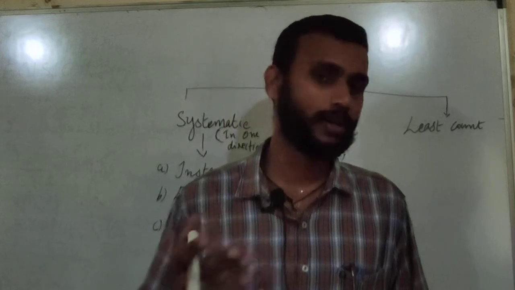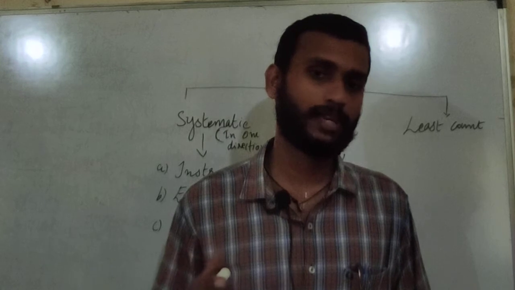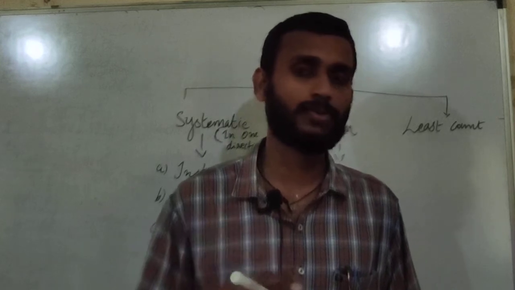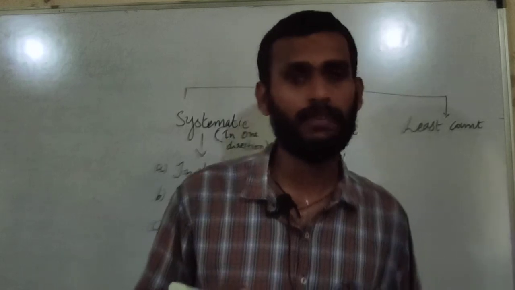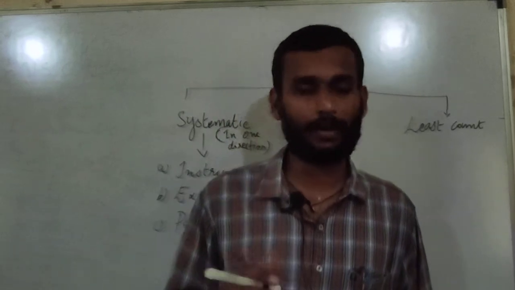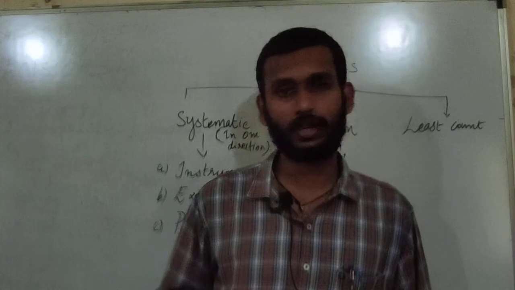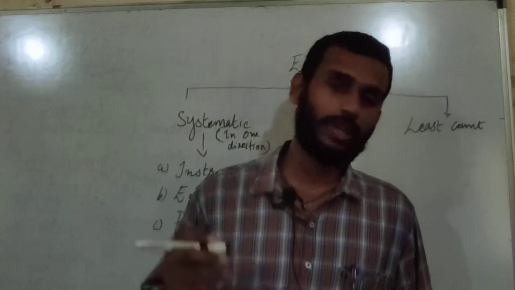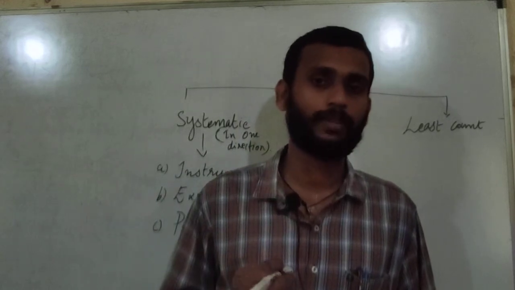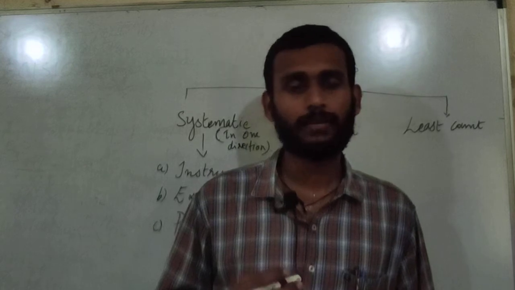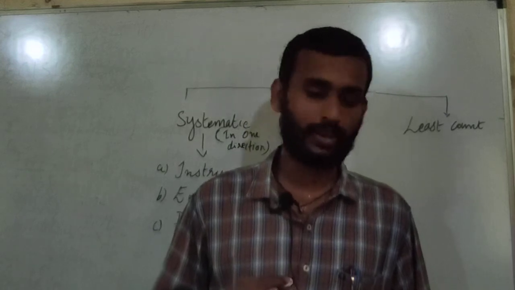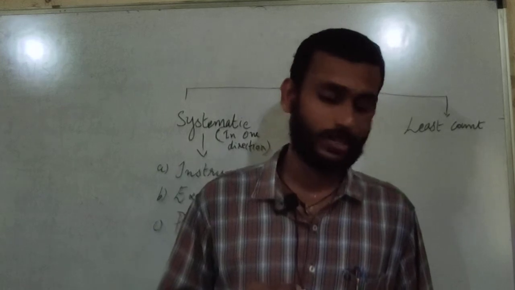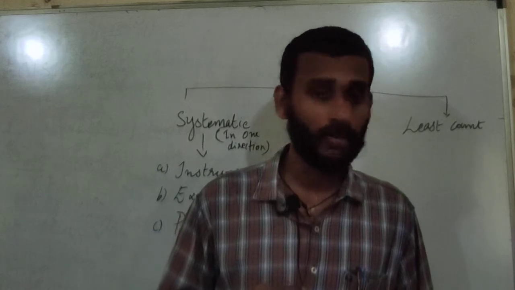But if you want the accurate or precise value, you are supposed to get outside your room and stay in the open atmosphere for some time with the thermometer, and measure the temperature like that. The error that happened there was the experimental surrounding related error. Such errors are known as imperfection in experimental techniques or procedure.